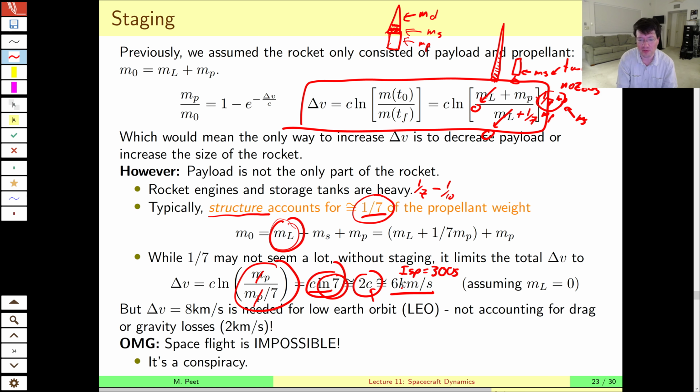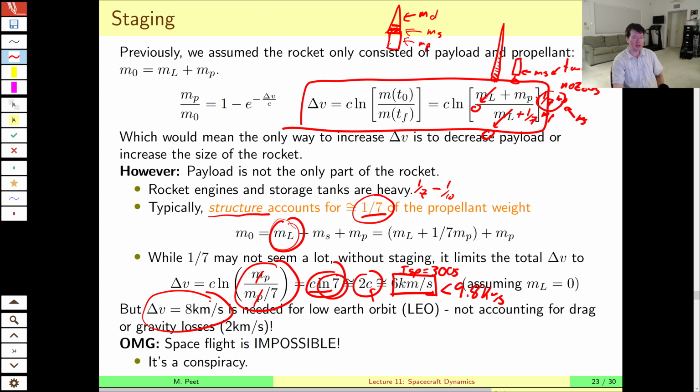And these are rough and ready calculations, but you may notice that 6 kilometers per second is significantly less than what we need, which is 9.8 kilometers per second in order to get out of orbit. Right? And that's even assuming we have no payload.